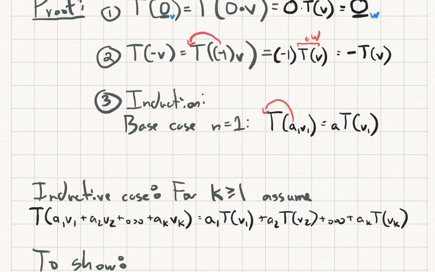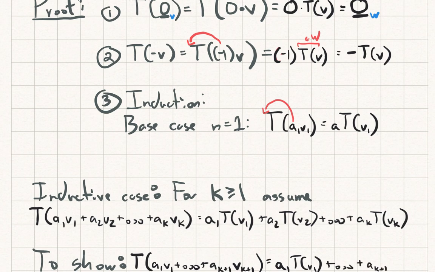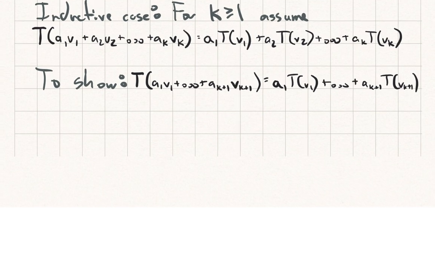So we're going to assume that we worked our way up to do it with k vectors, and we need to show we can do it with k plus 1 vectors. So we want to show that T of a1v1 plus all the way up to a(k+1)v(k+1) equals a1 T of v1 plus all the way up to a(k+1) T of v(k+1). So we want to show we can do it with k plus 1 vectors if we assume we did it with k vectors. So that's going to be our goal here.